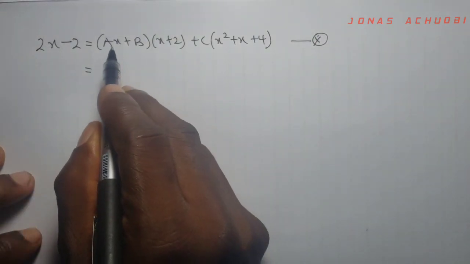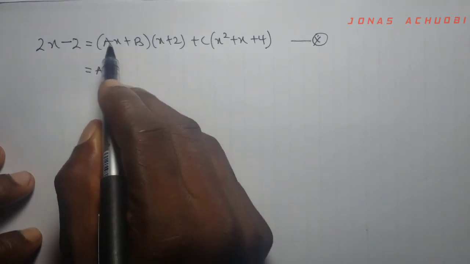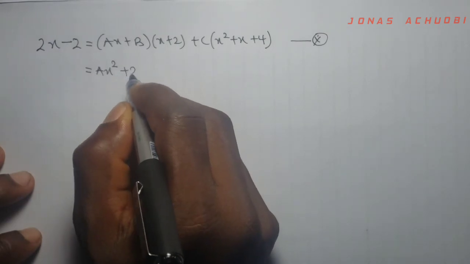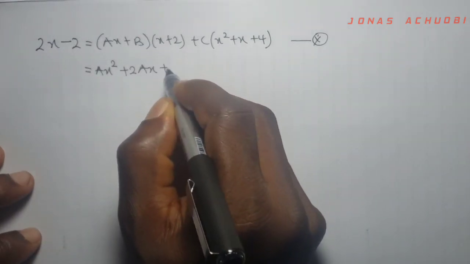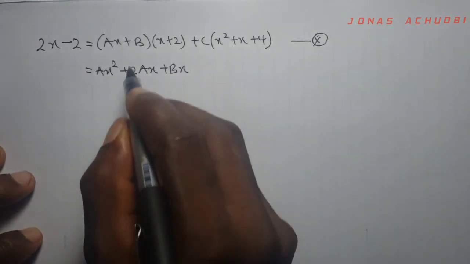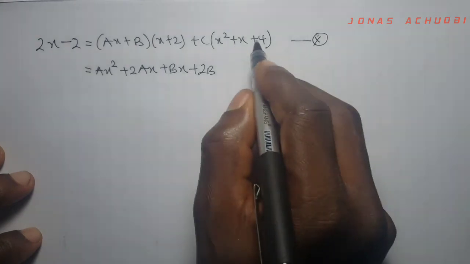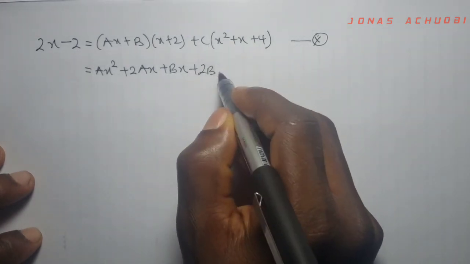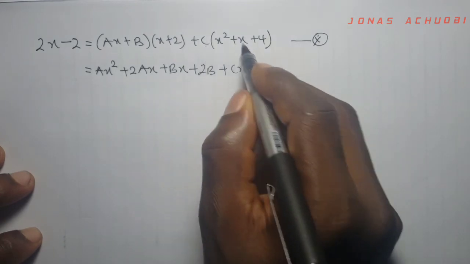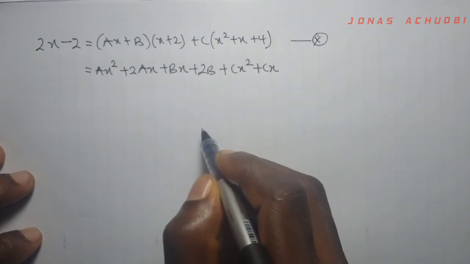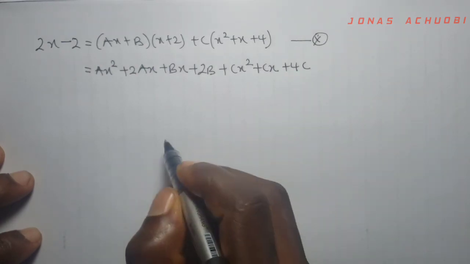So ax times x is ax², ax times 2 is plus 2ax, b times x is plus bx, b times 2 is plus 2b. Second bracket: c times x² is plus cx², c times x is plus cx, and c times 4 is plus 4c.